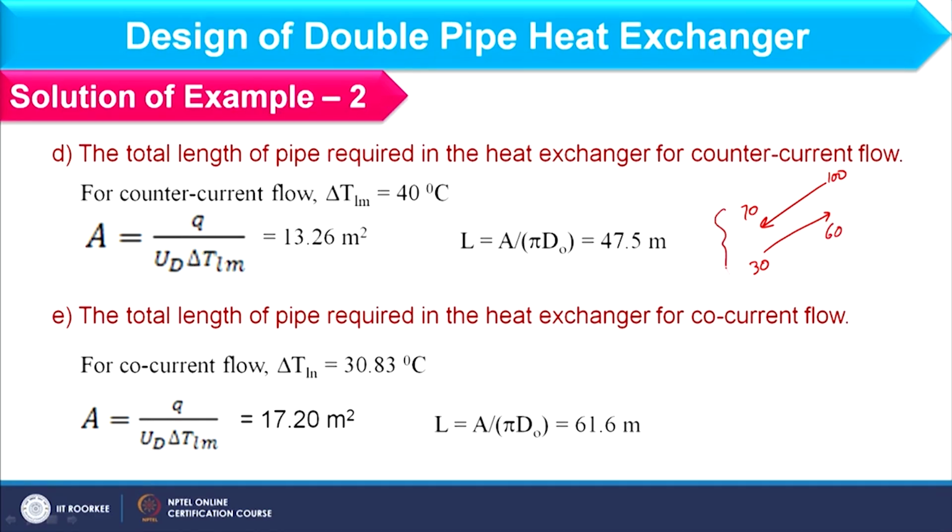So, if you consider here, we have a temperature difference of 40 degree Celsius, and here I again have a temperature difference of 40 degree Celsius. So, you see here both temperature differences are 40 degree Celsius. If you consider LMTD for this, right, LMTD is what? Delta T1 minus delta T2, right, and here both delta T's are equal.